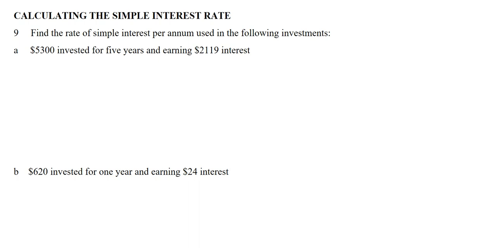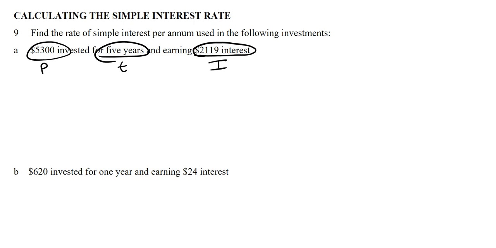Okay, question 9. This time we are going to be given a number of other factors, such as the principal and the time and the interest earned, and then be asked to find the interest rate. So we've got a principal of $5,300 invested for 5 years, T, and it's earning $2,119 of interest.